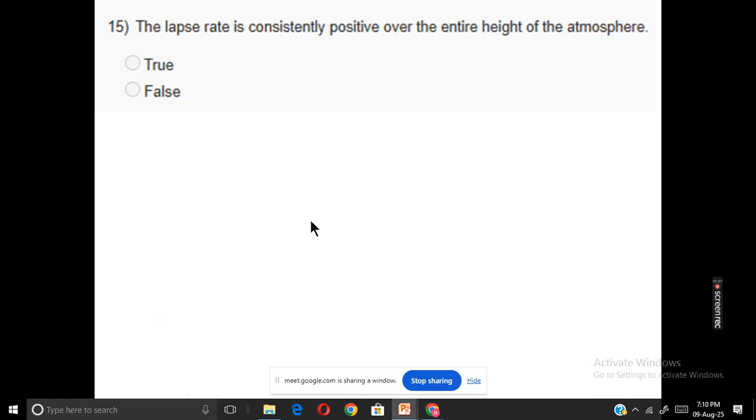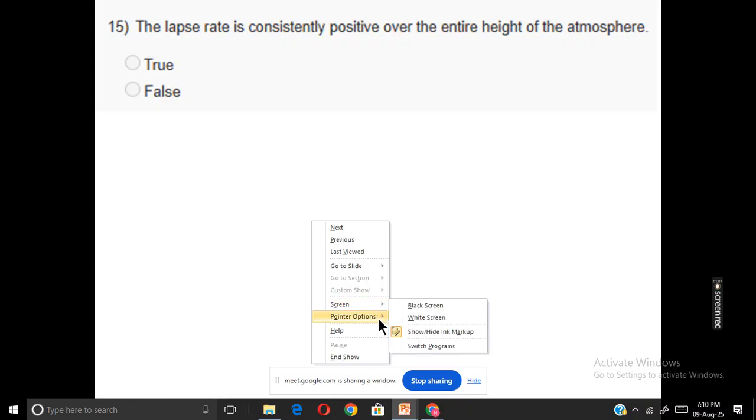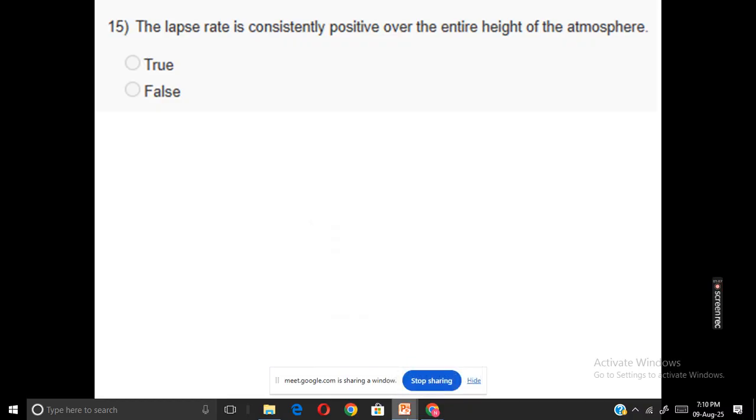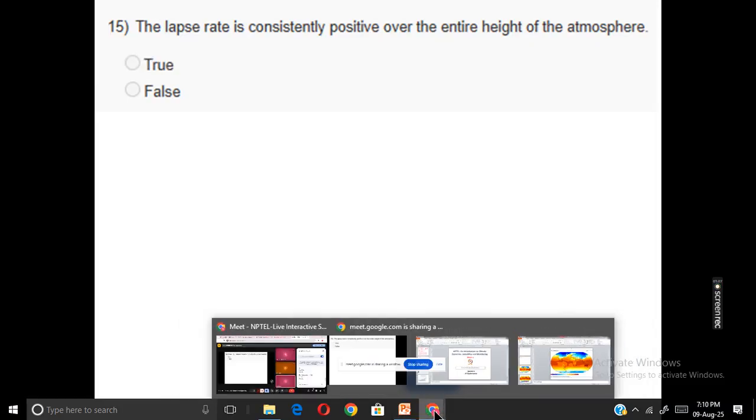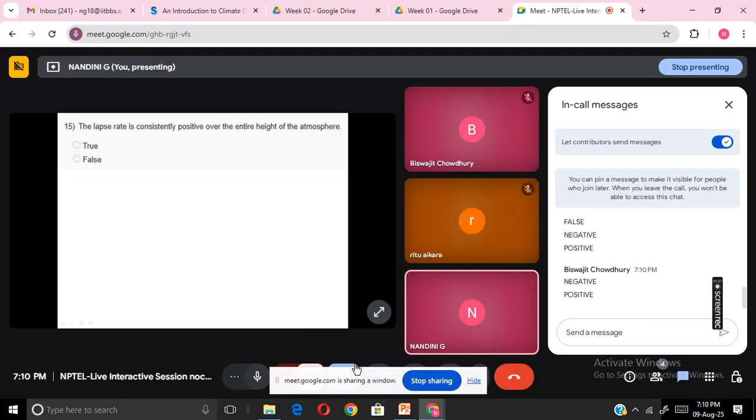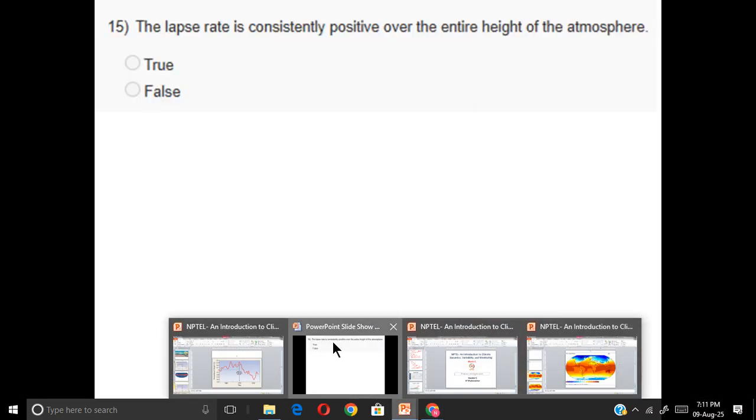Then we have mesosphere. How is the sign of the lapse rate over there? The mesosphere. Yes. In the mesosphere, again we have negative, and then in the thermosphere we have positive.